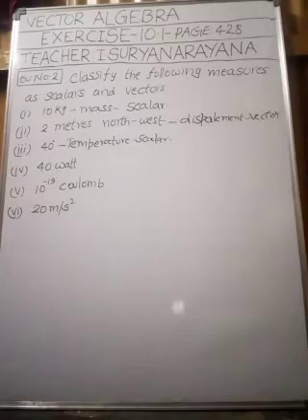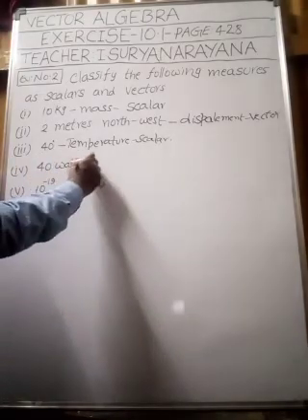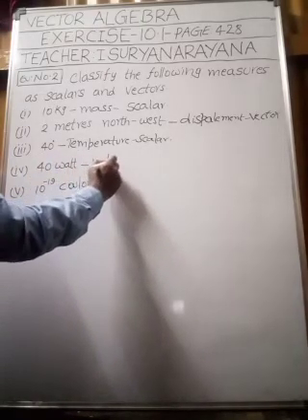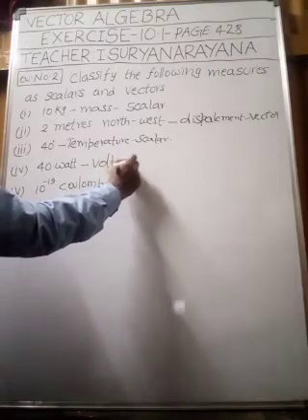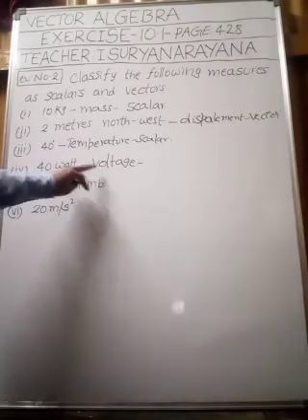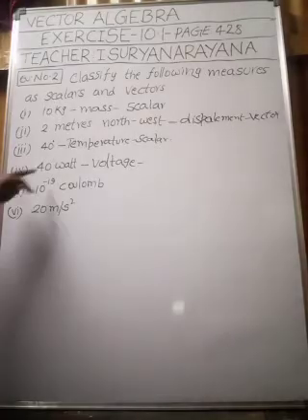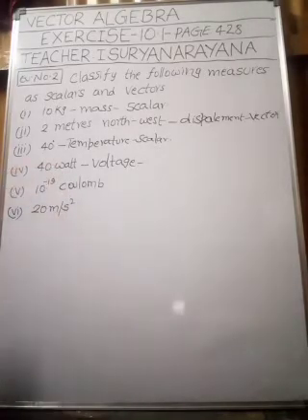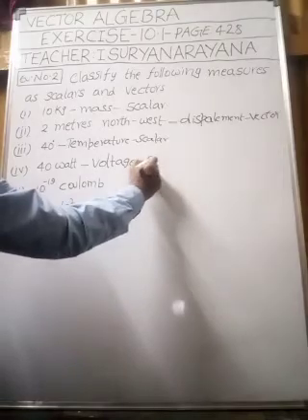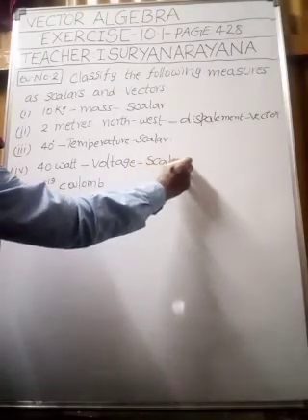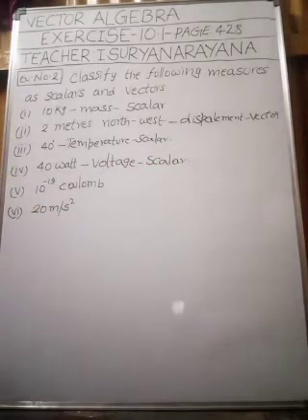Next, 40 watts. It is the unit to represent power, like a 40 watts bulb, we say. So it is also a scalar. Understood this point, my children? Right. Next, the fifth one, 10 to the power of minus 19 coulomb. What is this unit? What is this measurement?